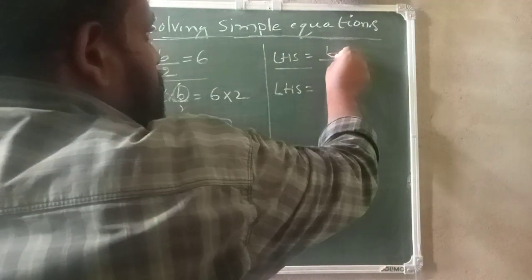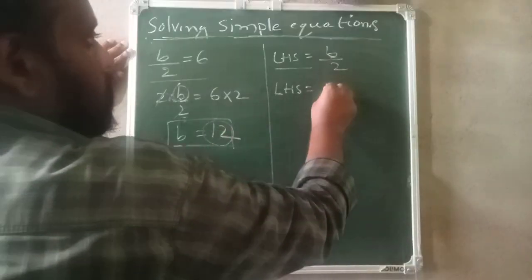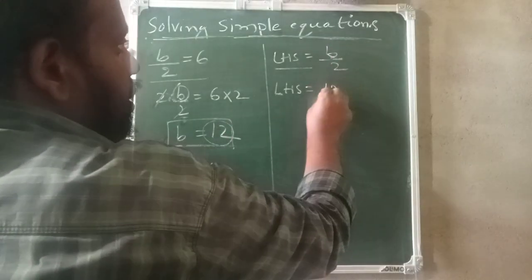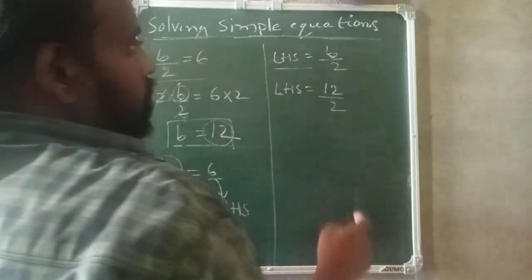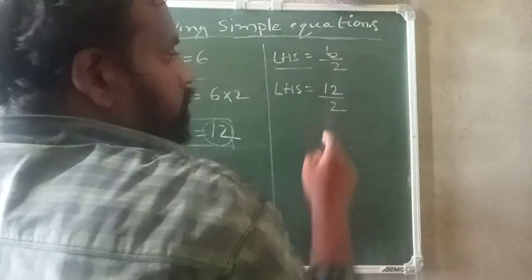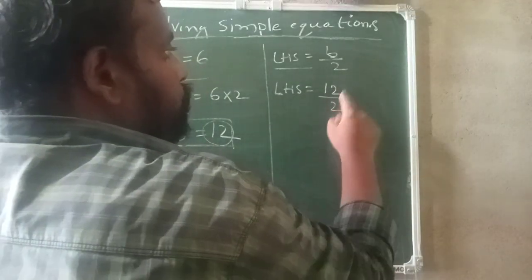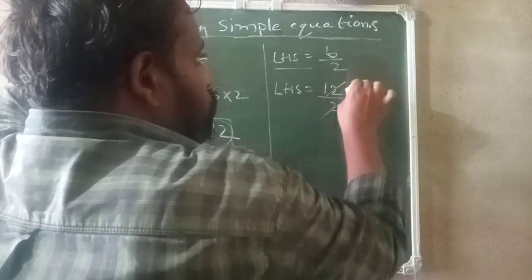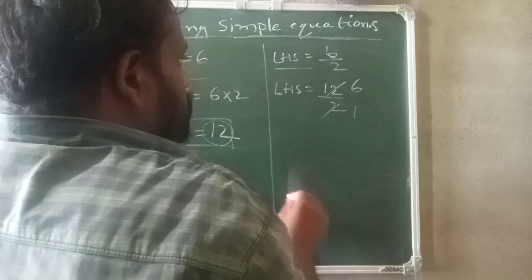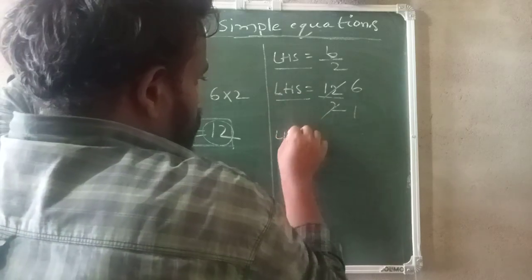In place of this b, I will write this 12. Then this line, then this 2. So now this is 12 divided by 2. That means dividing 12 by 2. So 2 ones are 2, 2 sixes are 12.